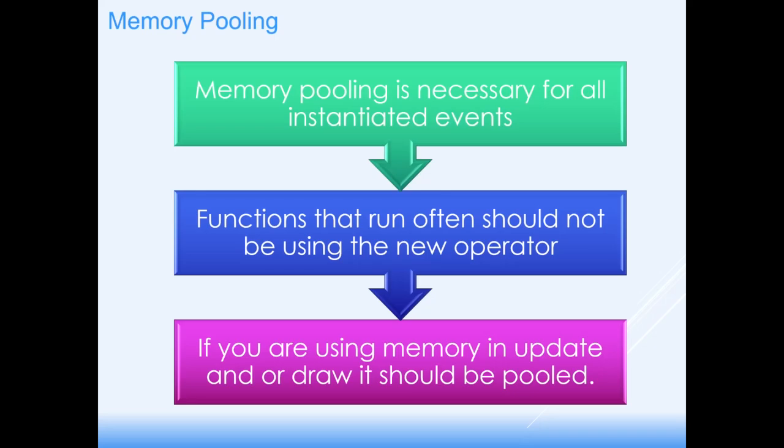Pool as much of that memory that uses that new operator as you can. And mostly, when you use that new operator, you're doing it for significant things in your code instead of just a localized, simple variable that you use in a function, like integer i for a loop or something like that. So if you're using memory, you should be pooling it as much as possible.